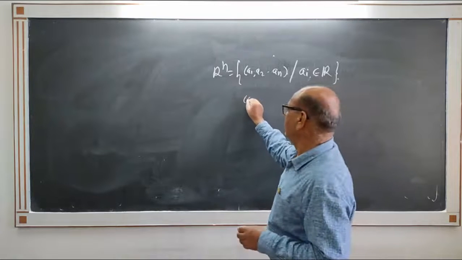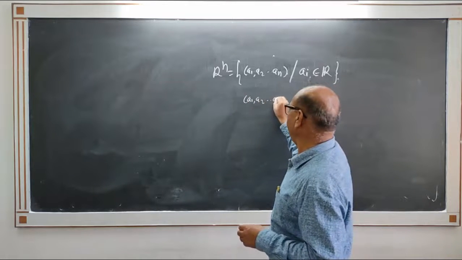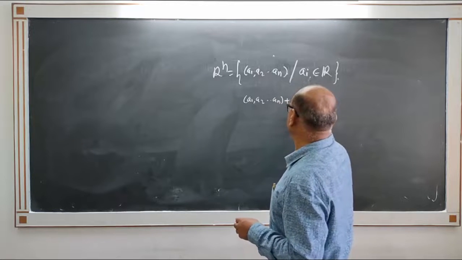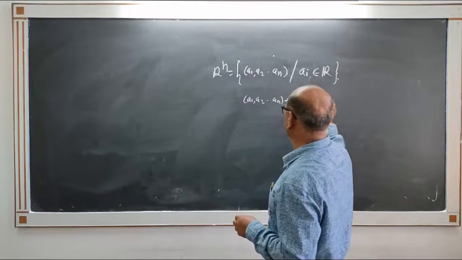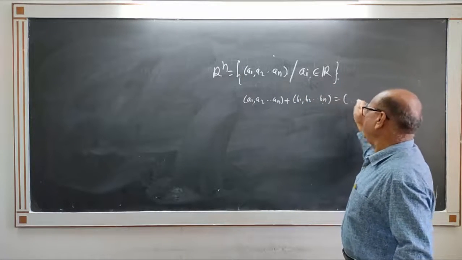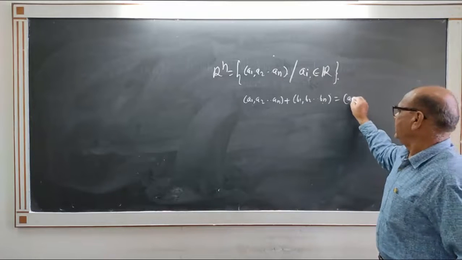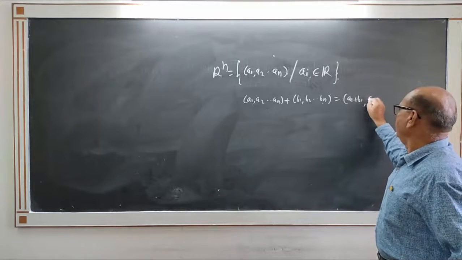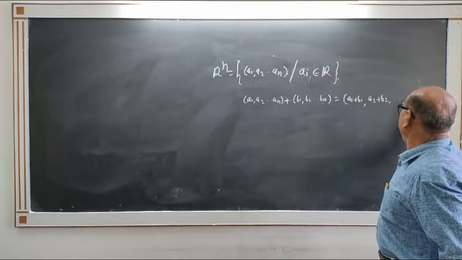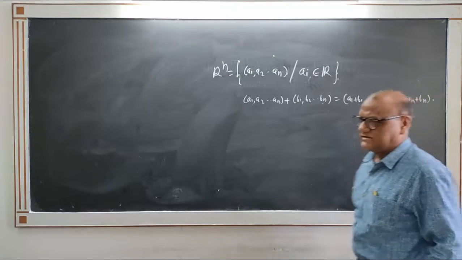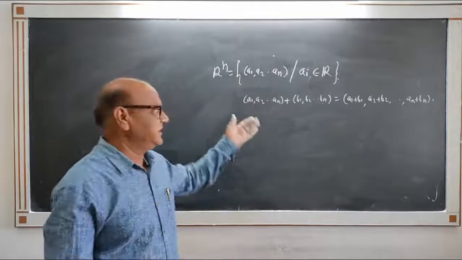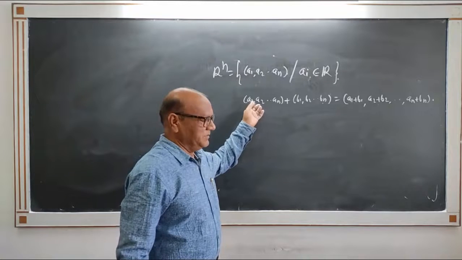If you take two elements a1, a2, up to an, and b1, b2, up to bn in R raised to n, their sum is component-wise addition: a1 plus b1, a2 plus b2, and so on up to an plus bn. This also belongs to R raised to n, so the closure property is satisfied.